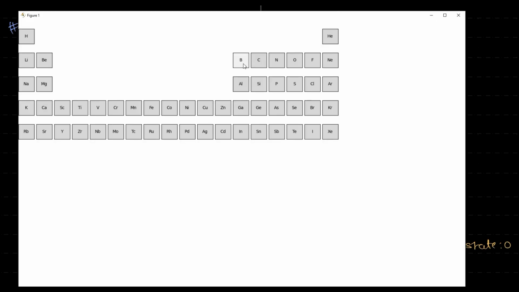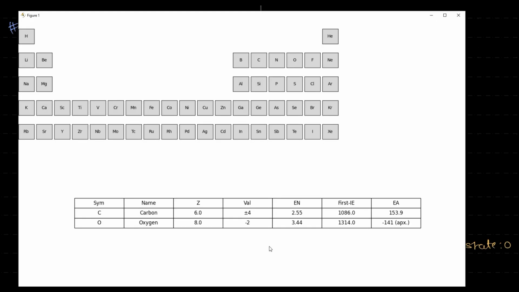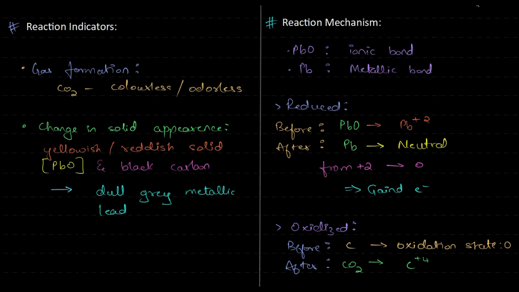Oxygen you can see over here. This I can show, carbon and oxygen. So carbon is okay with giving up or taking 4 while oxygen wants to take 2. So 2 oxygen atoms will need 4 electrons. And so here it got oxidized. From 0 it became 4.